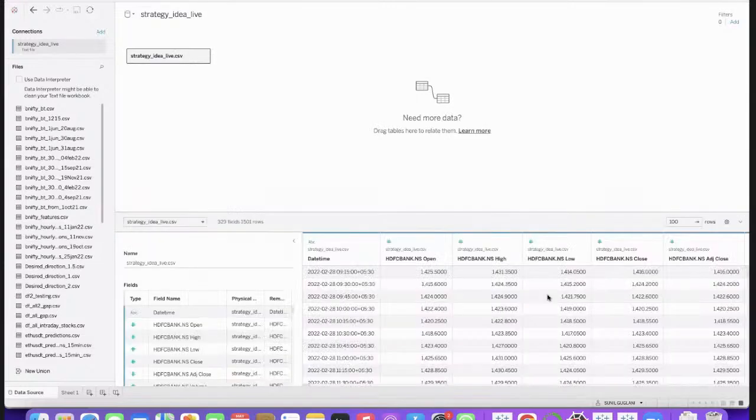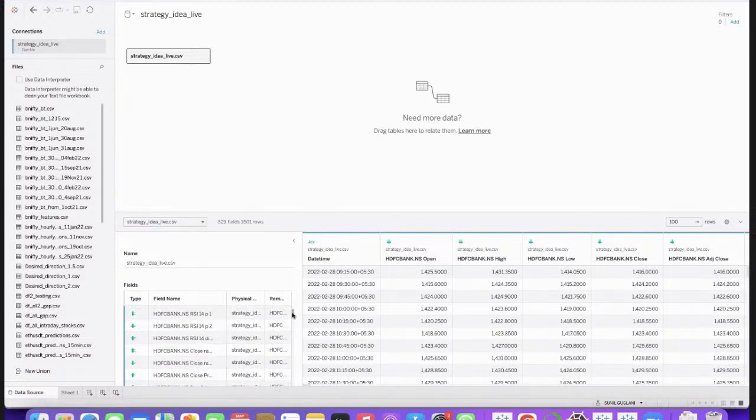We can link it with multiple data sources. We can add another data source and relate them with each other. But as of now, we'll be taking care of only one file. You can see it is showing all the columns available in the CSV file: HDFC open, HDFC high, low, close, adjusted close. I will scroll it down.